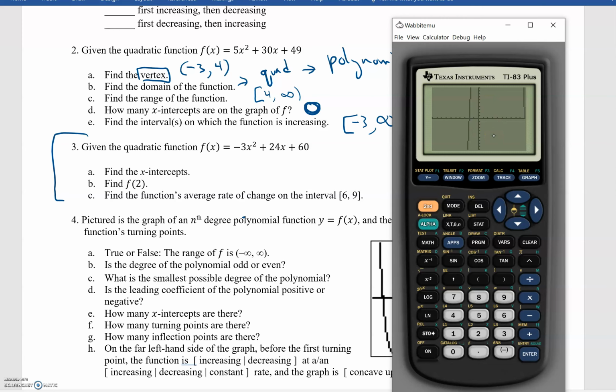So I really just need to zoom out and kind of over this way. Let me go back to that picture and get some values here. So that's minus 3 approximately.